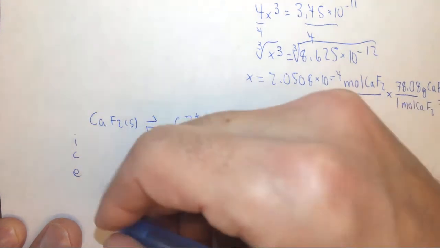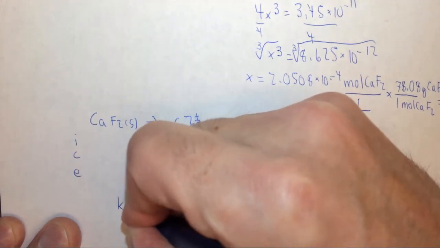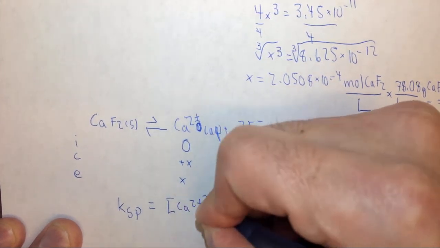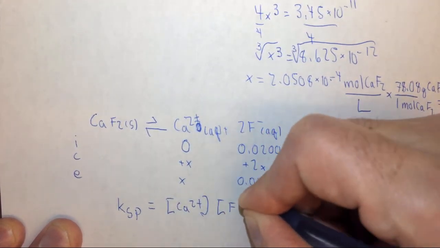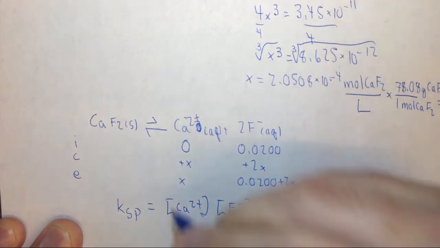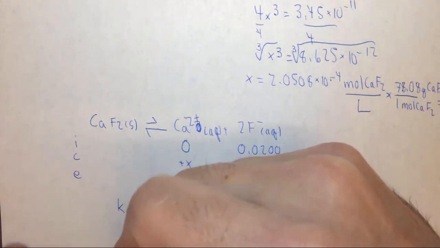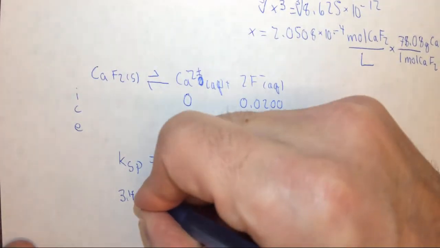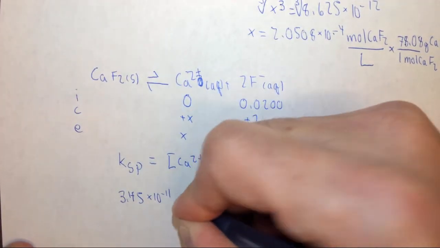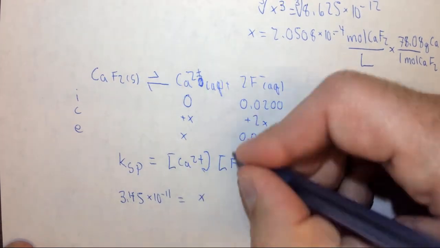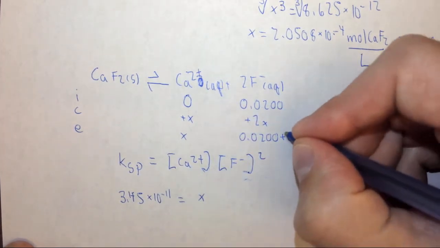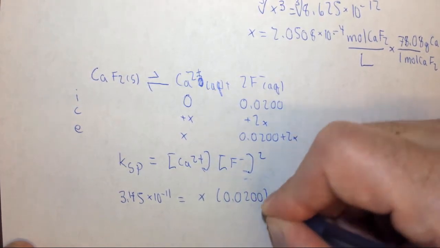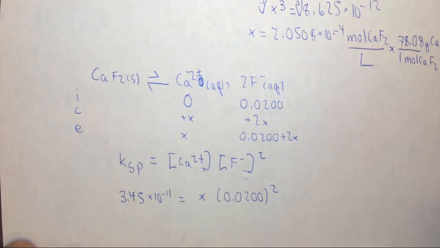So we write the same Ksp expression, Ksp equals the concentration of Ca2+ times the concentration of F- squared. Now, the Ksp, which is the same number, 3.45 times 10 to the minus 11 equals Ca2+, which is x, and for F- we're not going to put in the plus 2x, we're just going to put in 0.0200 squared, and we're going to ignore the x.